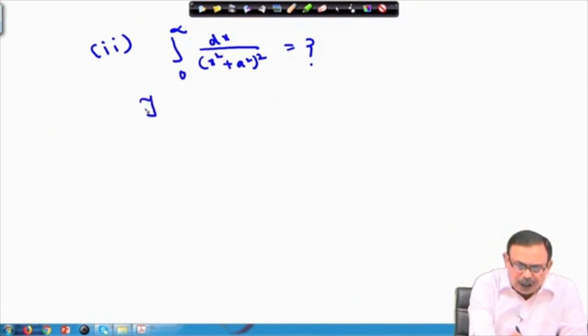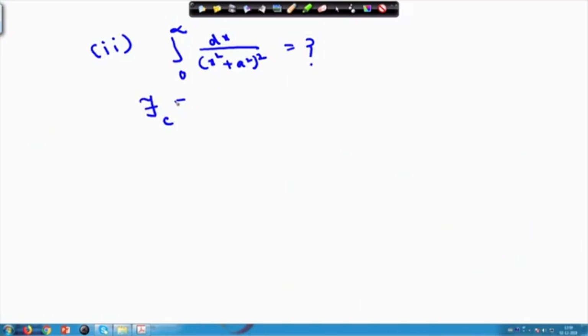So, I am starting again with the Fourier cosine transform of e power minus a x. If you remember, it is nothing but root over 2 by pi a by alpha square plus a square.